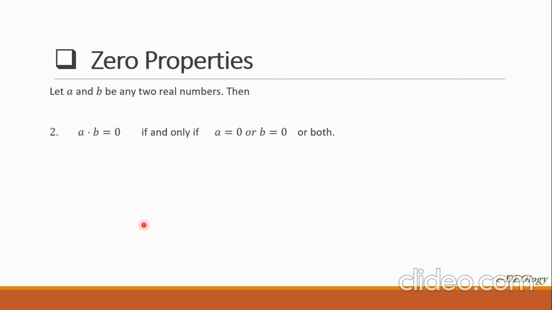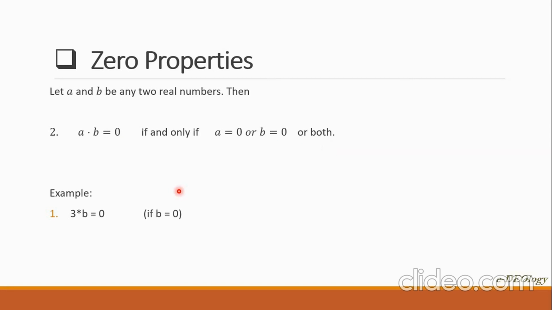The second property for 0 is when we have a times b equals 0. This statement will be true if and only if a is equal to 0 or b equals 0 or both are zeros. One example here is 3 times b equals 0.